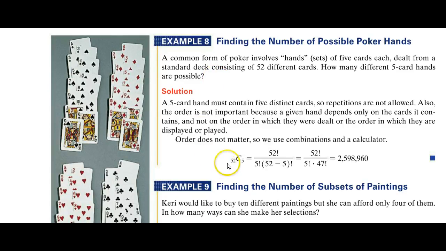So your overall number of items, 52 in a card deck, and it's combinations, and you're going to select 5. So there's the formula filled in, and over 2.5 million possible combinations. Would you ever think that?